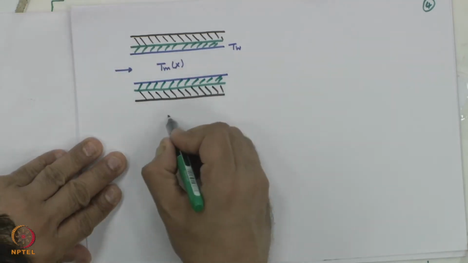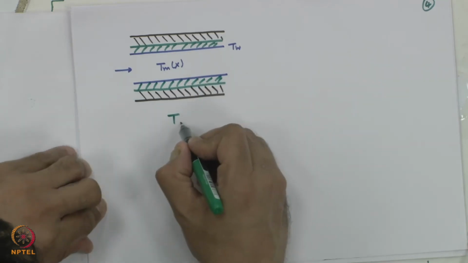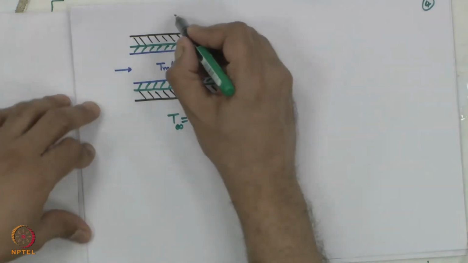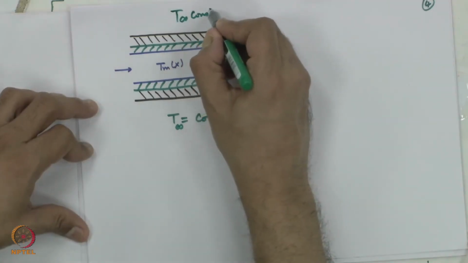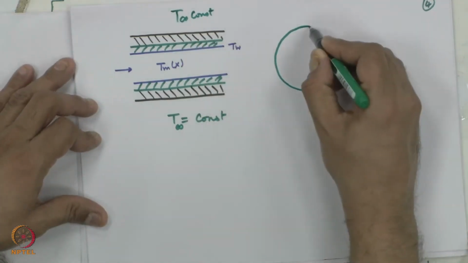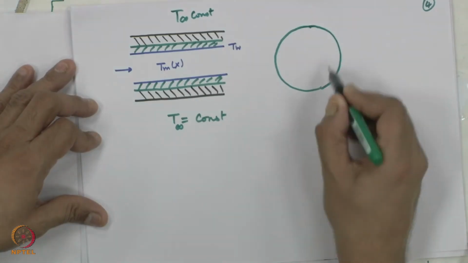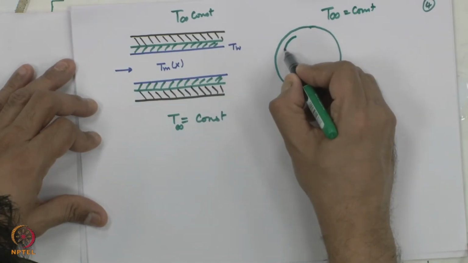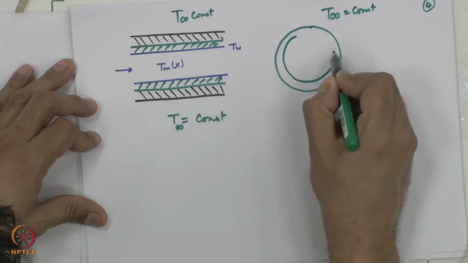and I might have condensation or boiling happening on this side. T infinity is equal to constant on this side, wherever this is, mind you, this is a circle. So, I can have T infinity as a constant on the outside, and I have two additional insulating resistances here.